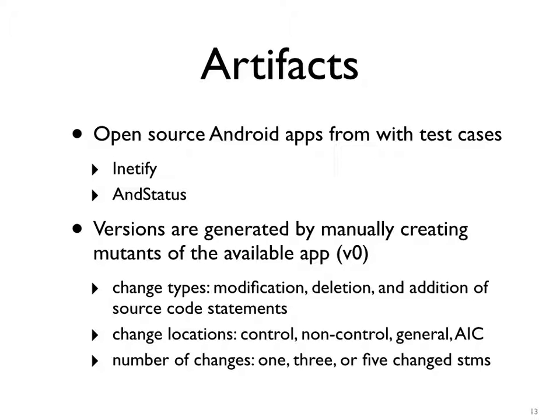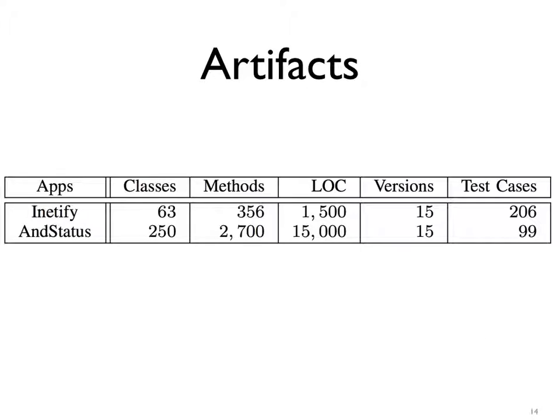In addition, each mutant has one, three, or five change statements. So this table shows more detailed information of each app.